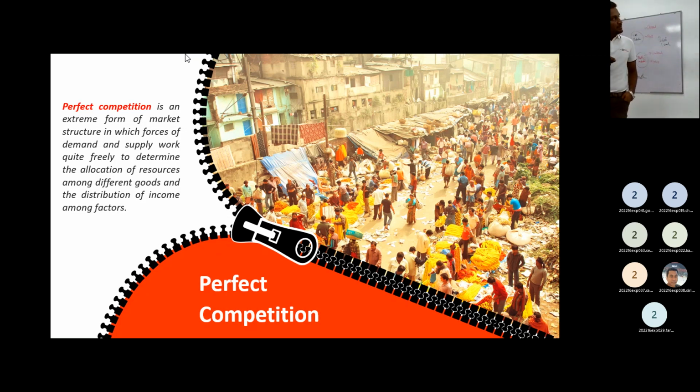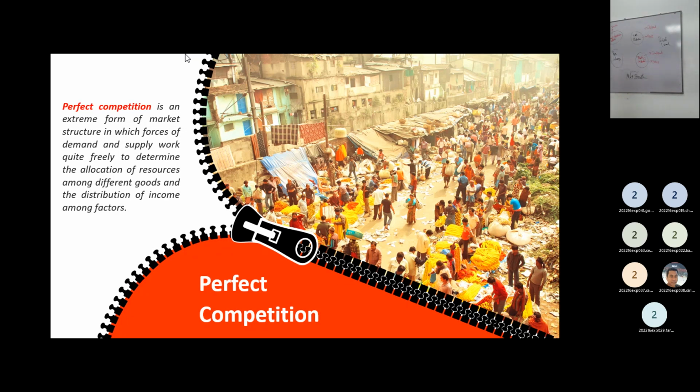And what do you think about the product? If you look at this product, is it available everywhere? Mostly yes. Can you differentiate? You can't differentiate.